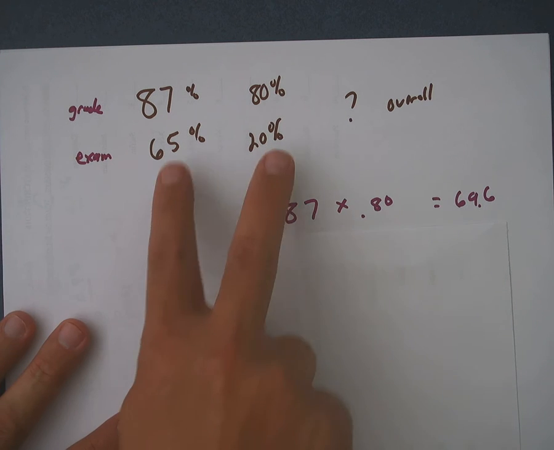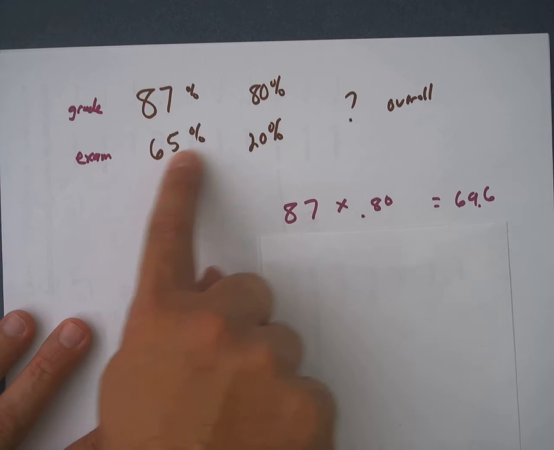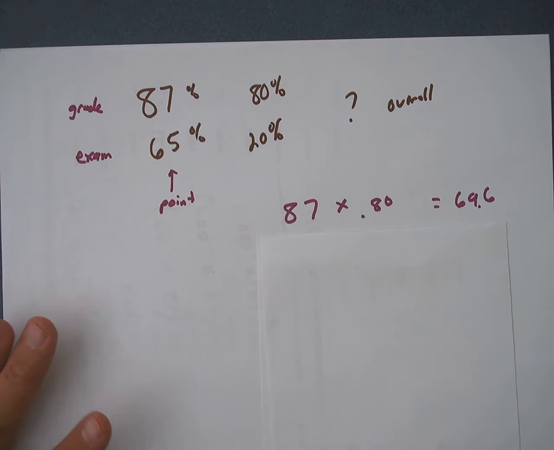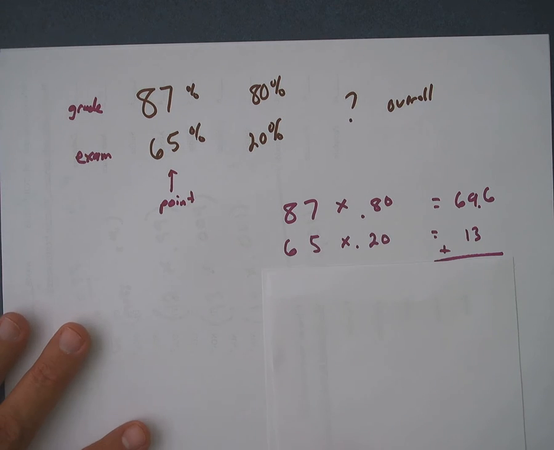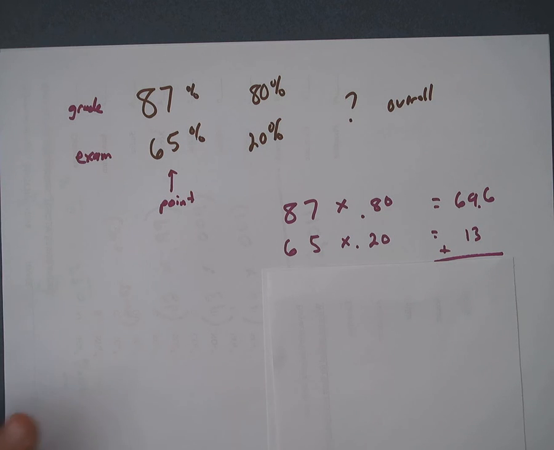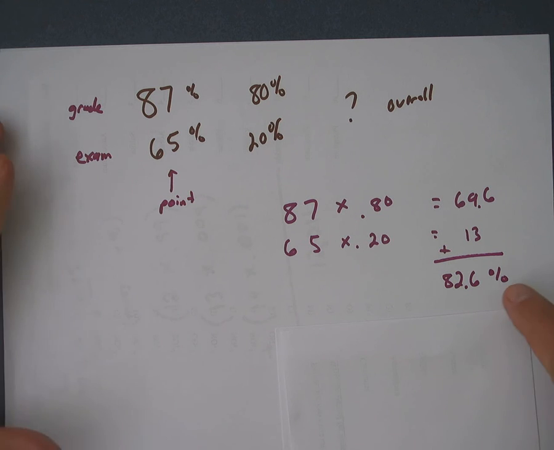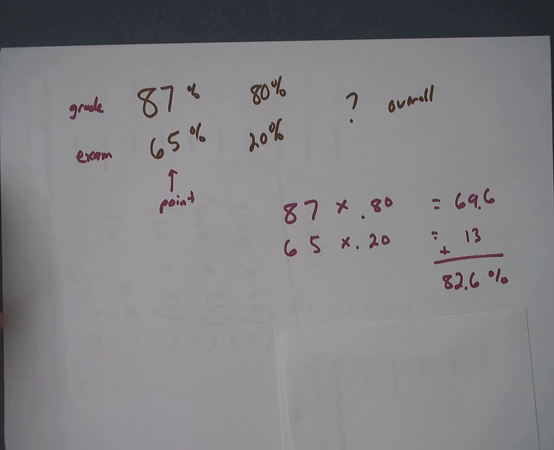And then you'll do the same thing with these numbers. You'll take 65, not times 20, but by 0.20 because we moved the decimal point over. And we get an answer of 13. And if we were to add those two numbers together, we would get 82.6%. That would be your final, calculated grade that goes on your permanent records of the high school, right?